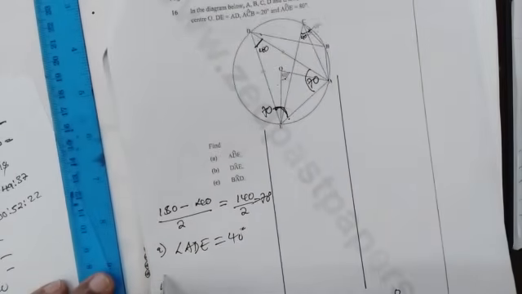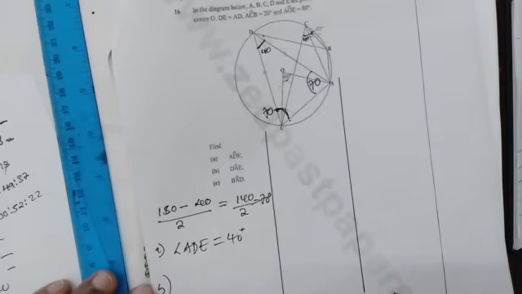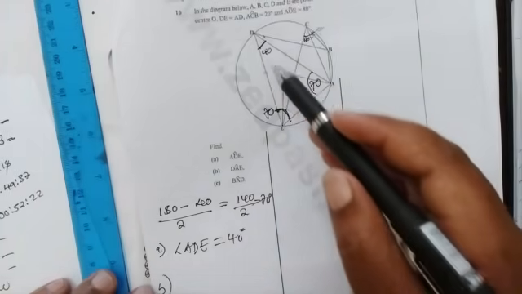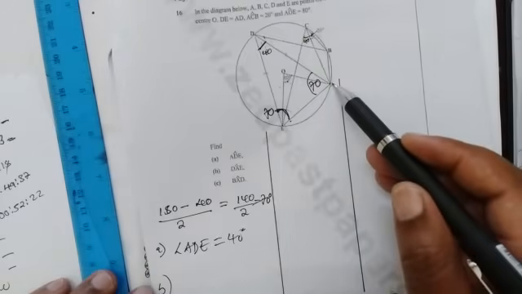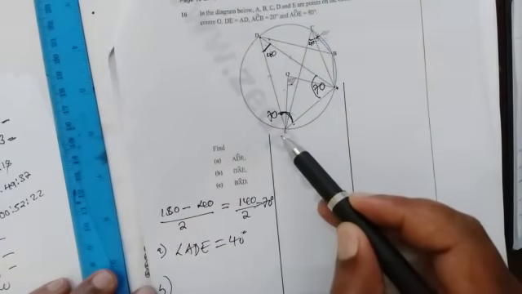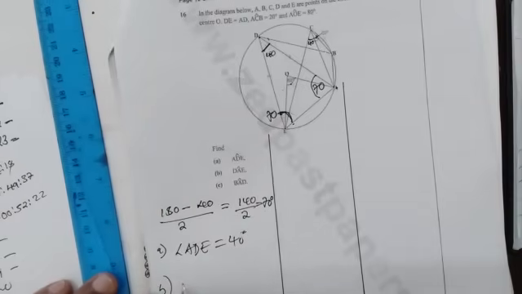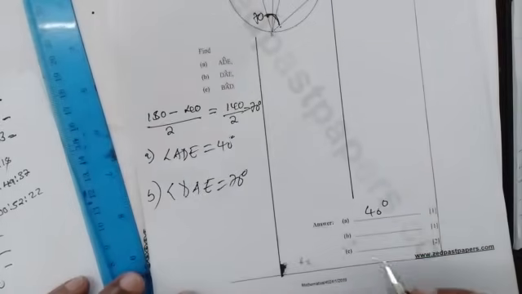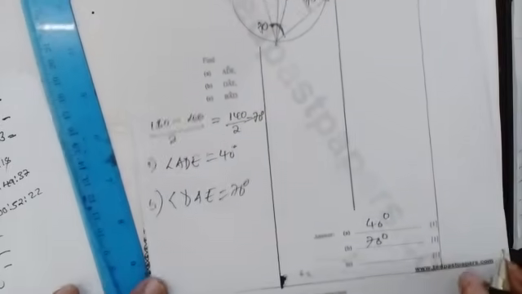B. All right, B. What is B? DAE. All right? So again, that one has already been found. So DAE, we have said is 70 degrees, so you can come and write here 70 degrees.